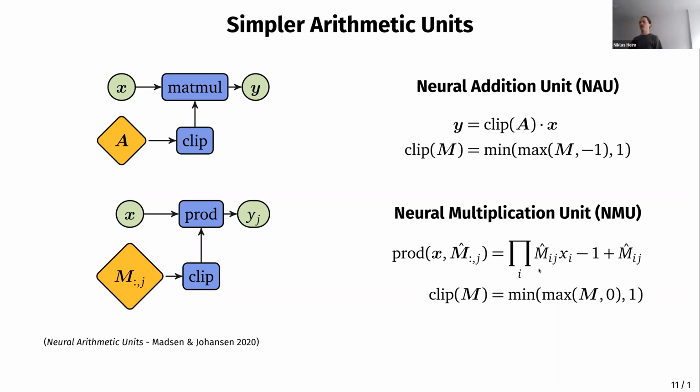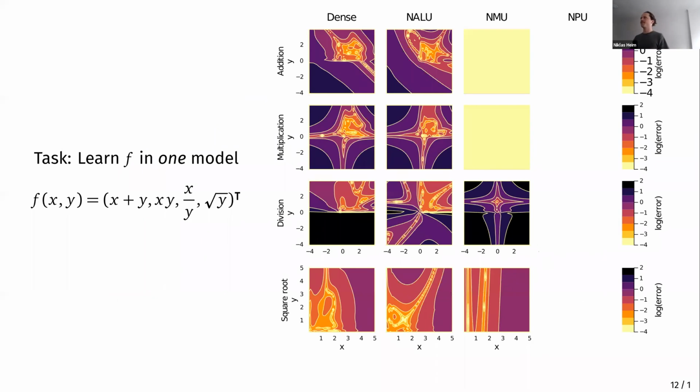And then they implement their multiplication with an explicit multiplication layer, which can only do multiplication but not division, right? Because this exponent is not in here, but there's only explicit multiplications. Yeah, so that's the neural multiplication unit and the neural addition unit.